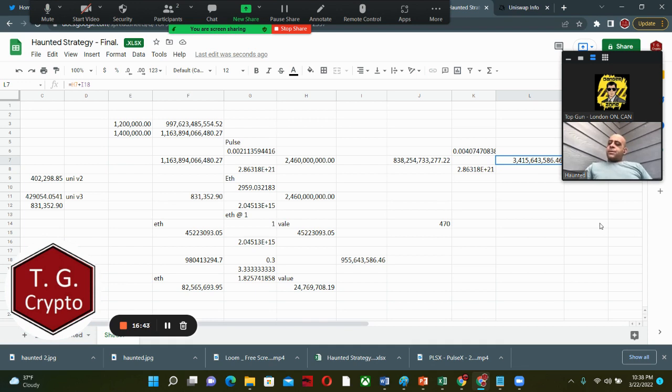At least that's the way I see it, because this is looking at the value of a mishmash of pools all paired in Ethereum, whether it be Doggy Coin or Hex or USDC, they're all paired in ETH. So Ethereum, it's just the idea, or also in Pulse.